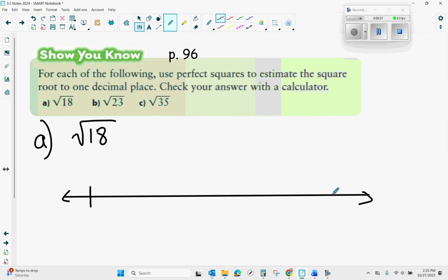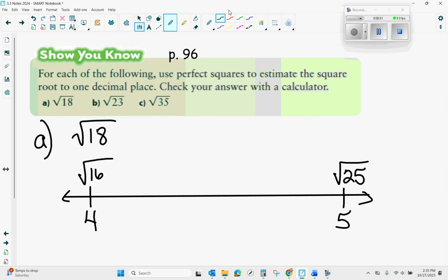I need to pick the 2 perfect squares on either side of 18. So 16 and 25. The square root of 16 is 4, and the square root of 25 is 5. I therefore know the square root of 18 is 4 point something.